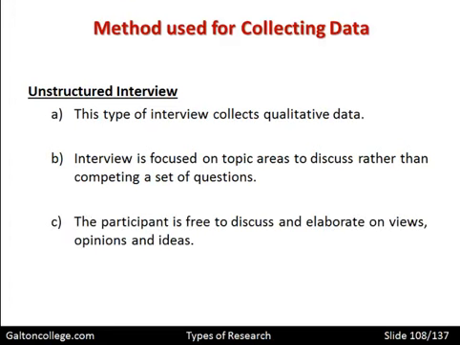The participant is free to discuss and elaborate on views, opinions and ideas. It's a very luxurious system in that sense, because the respondent is able to give opinions and able to clarify what he or she thinks about situations, and they're able to discuss and elaborate on their views.